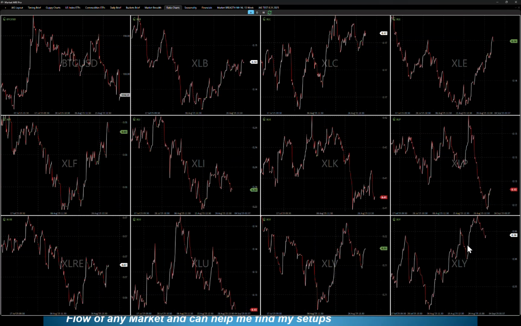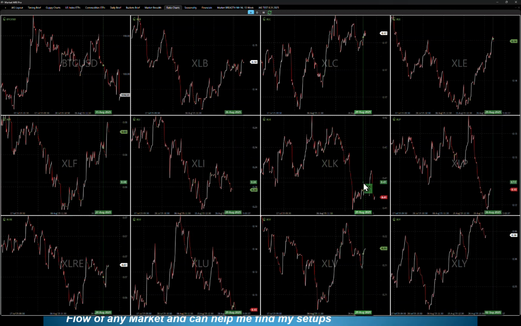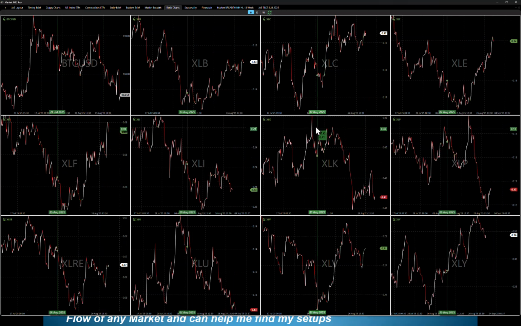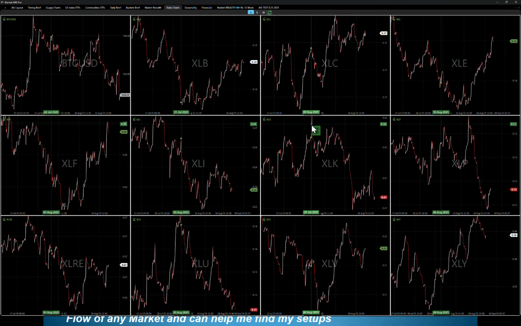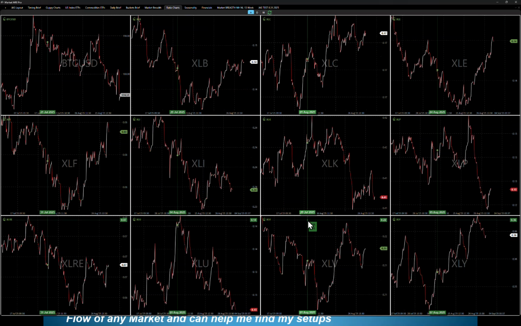Staples turned up, discretionary is turned down, healthcare is turned up, technology has come off of where it was in the short term. Back here, the peak, it's only July 30th. It's a month ago. Communications came off, so you can look at each one. I'll get a sense of what's working right now in the market before I go look at stock charts.